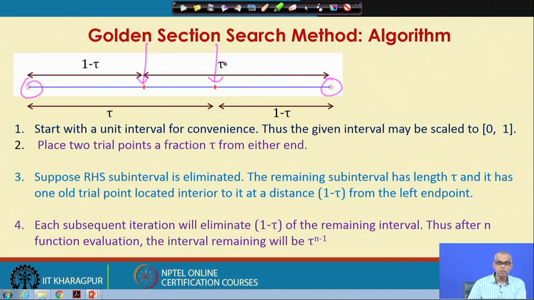For purely convenience purpose, we start with a unit interval. So, whatever be the length of the interval, it can be scaled to 0, 1, and we place two trial points a fraction tau from either end, and the tau is the golden ratio 0.618.